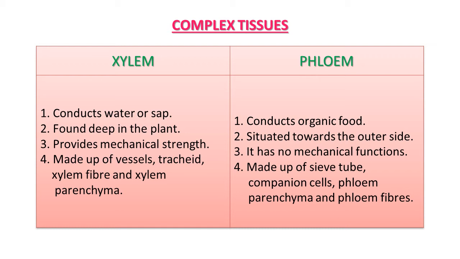First of all, let's compare xylem and phloem. Xylem conducts water, or vascular shape, in plants, and phloem conducts organic food. So simply we can say the transportation of water and minerals in the plant is due to the presence of xylem, and the transportation of prepared food takes place through phloem.